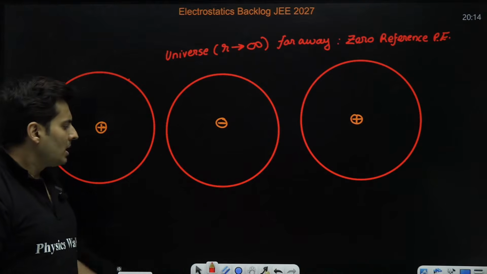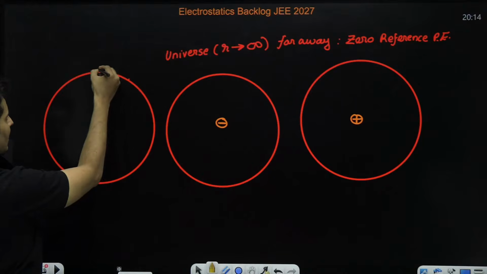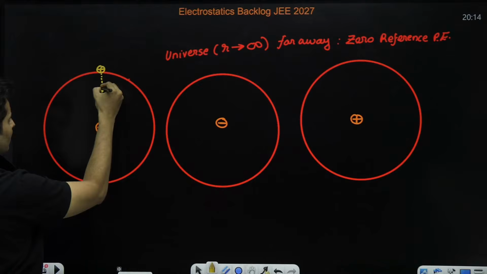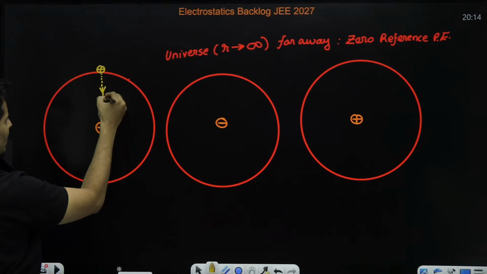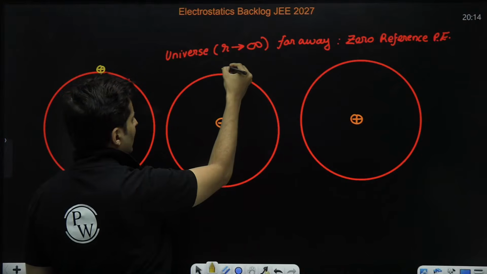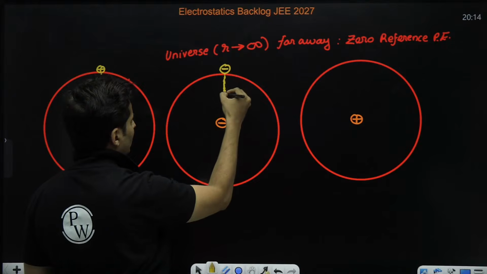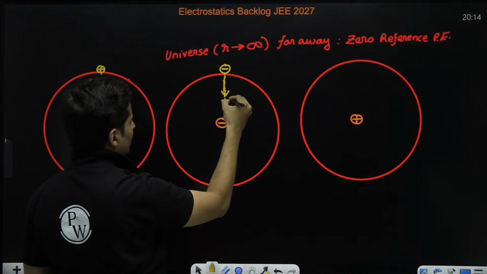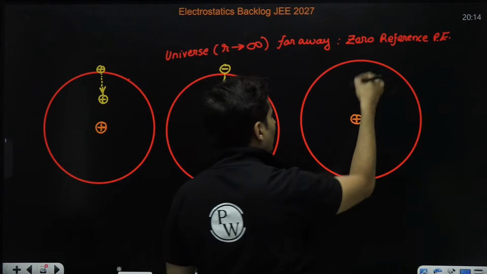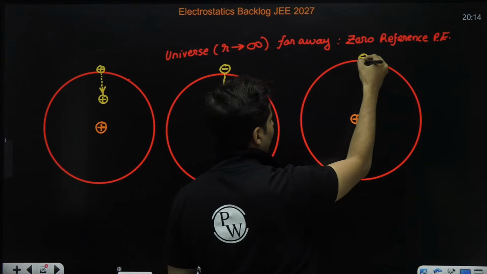Now imagine I take a positive charge and I'm placing it here, and I slowly bring that positive charge closer and closer. Here also I take a negative charge and bring it closer and closer. Here positive with negative. I could have done the opposite also, negative with positive. That's okay.